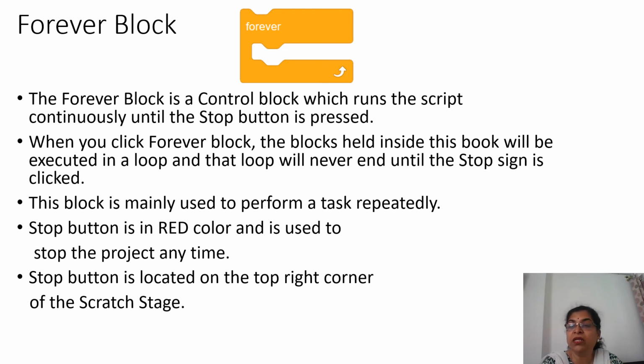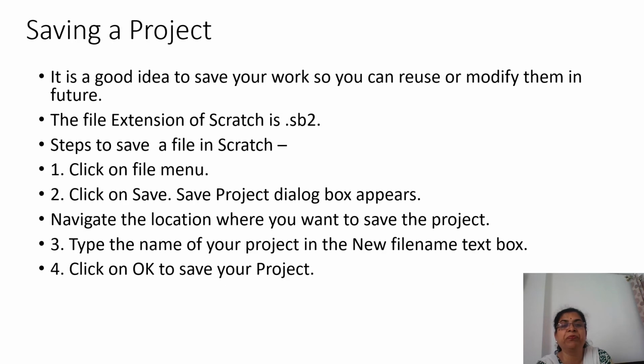We have to click the stop sign to stop the execution of this forever block. This block is mainly used to perform a task repeatedly. The stop button is red in color and is used to stop the project anytime. The stop button is located on the top right corner of the Scratch stage. This we have seen, along with the green flag there is the stop button.